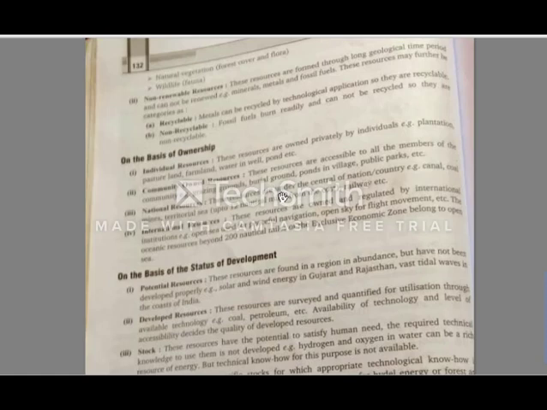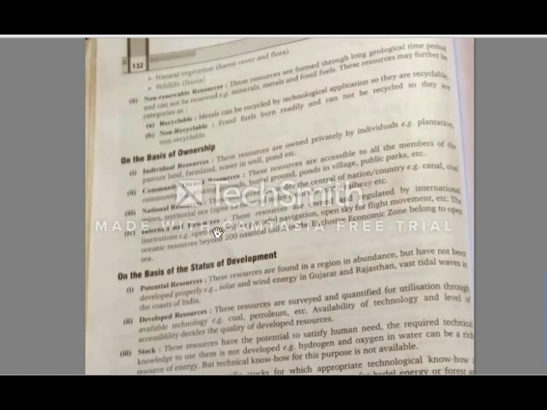For example, canals, which in Hindi are called nehre, coal mines and territorial sea come under the control of a nation or country.